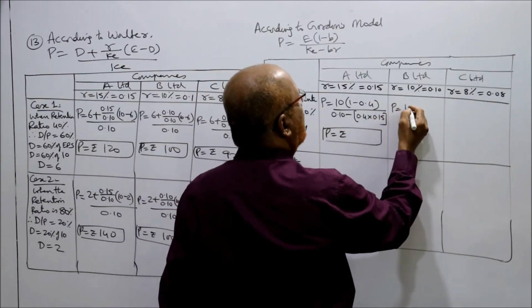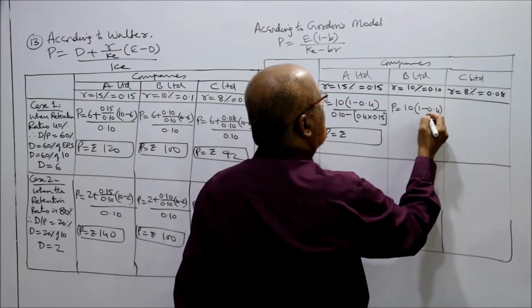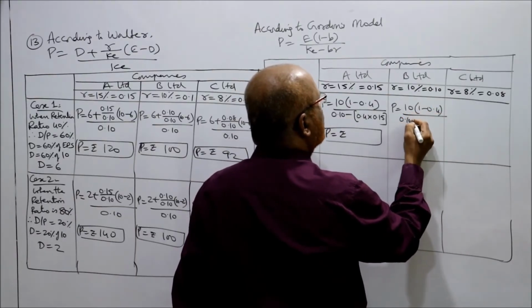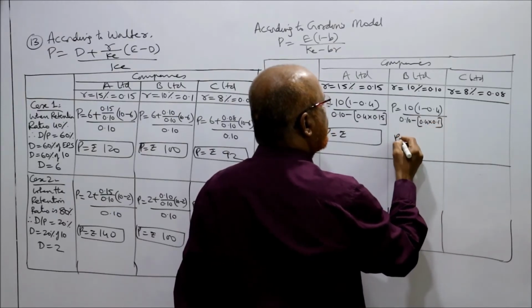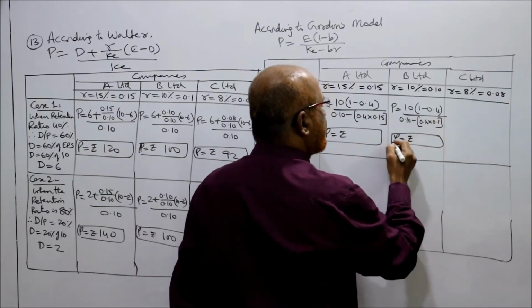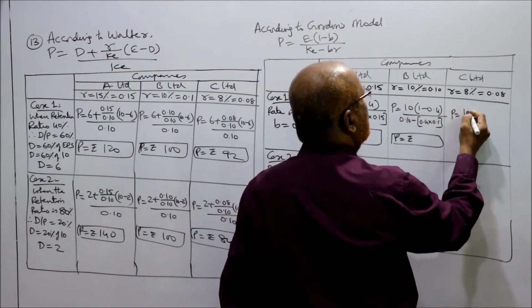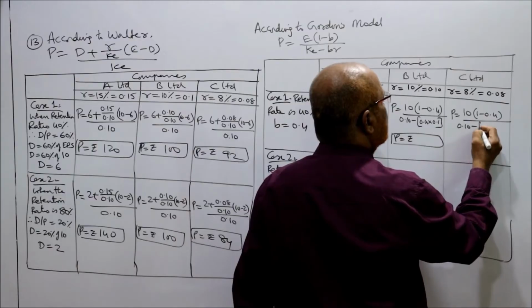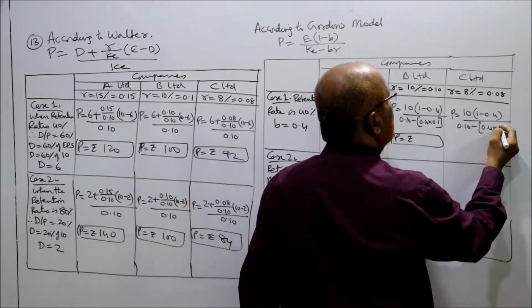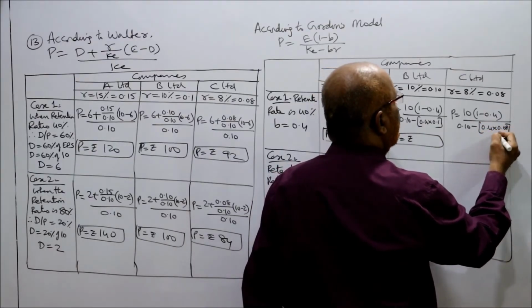Similarly, P is equal to 10 into 1 minus 0.4 divided by 0.10 minus 0.4 into 0.1. Last one, P is equal to 10 into 1 minus 0.4 divided by 0.10 minus 0.4 into 0.08.